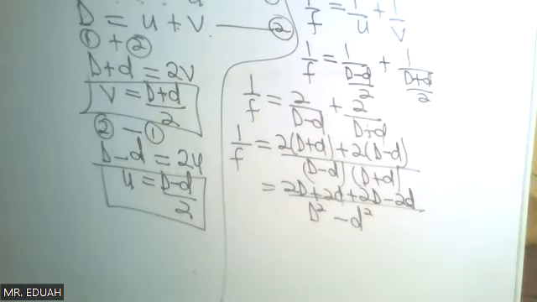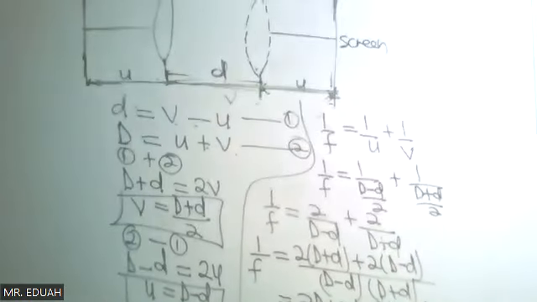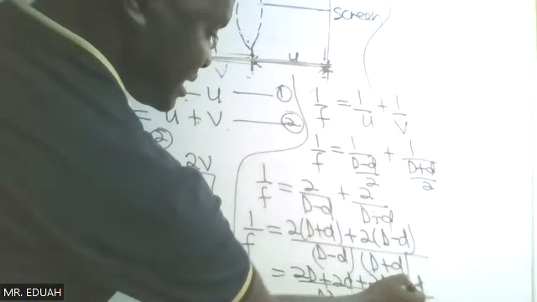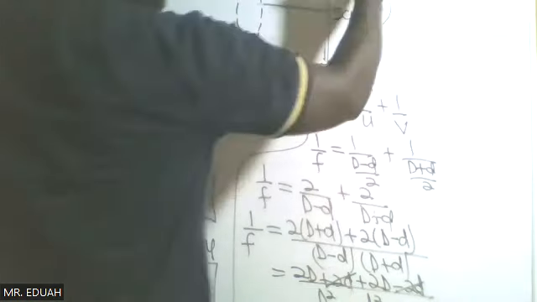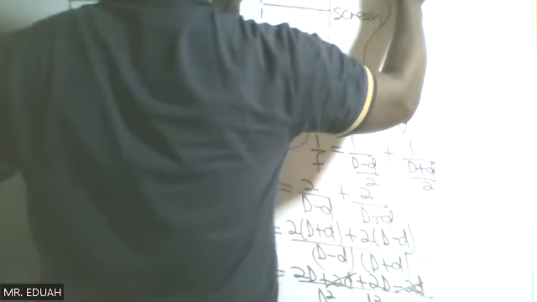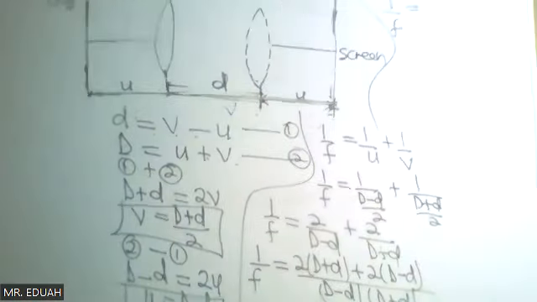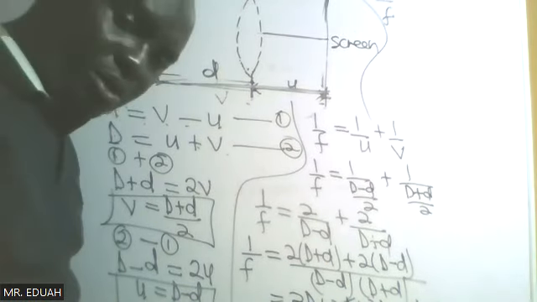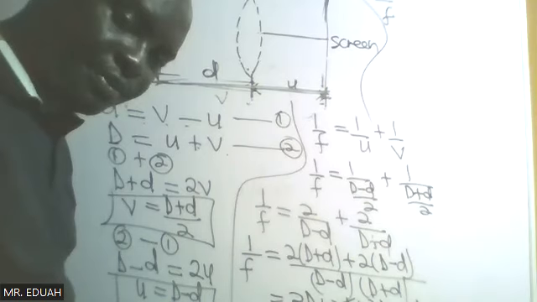I said we are through with the physics part. We are doing the maths. So when I simplify this, this cancels. So we have 1 on F. I hope you can see. Can you see? Or you are asleep?